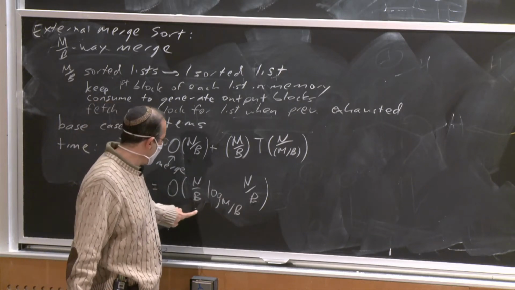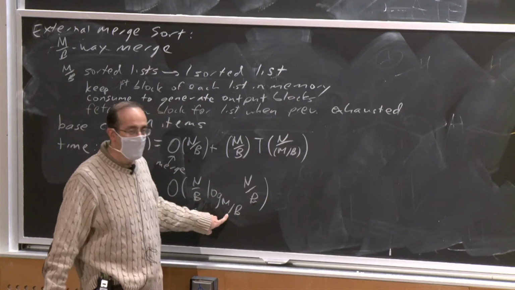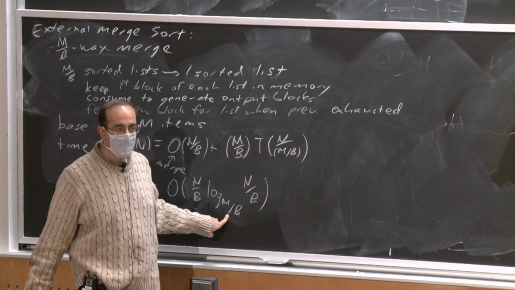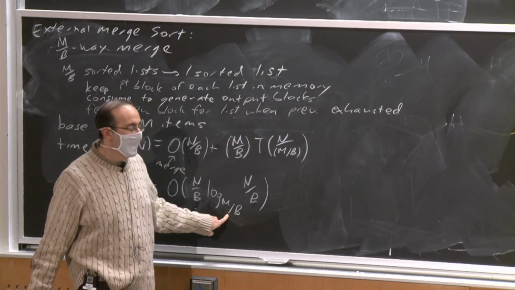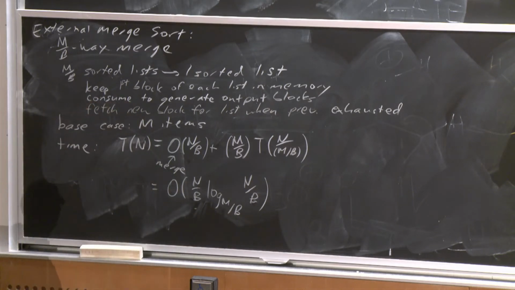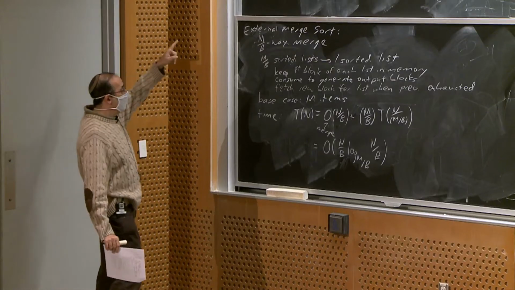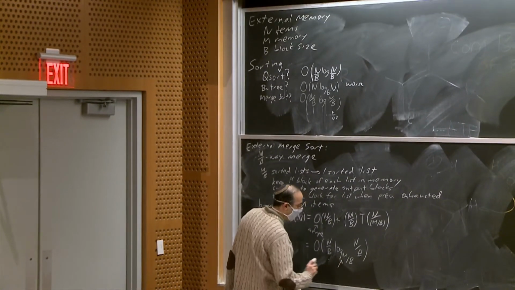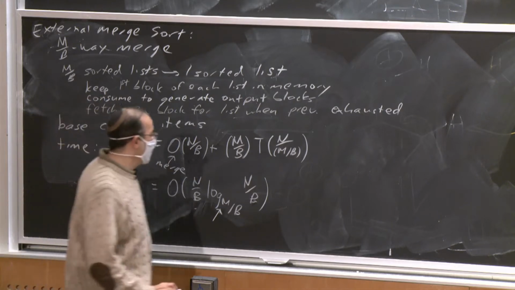It's asymptotically the same, since I'm working base M over B in the base. Okay. So if we compare this to our naive approaches, the difference is that we have this base, right?